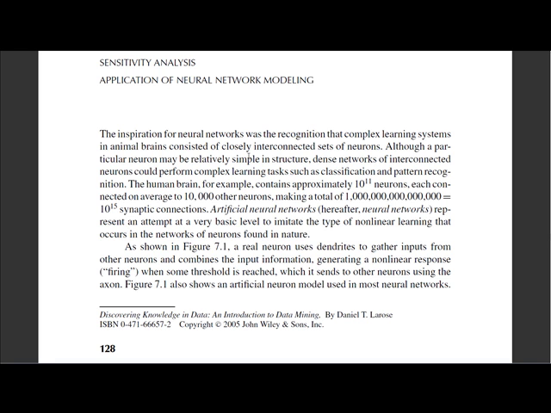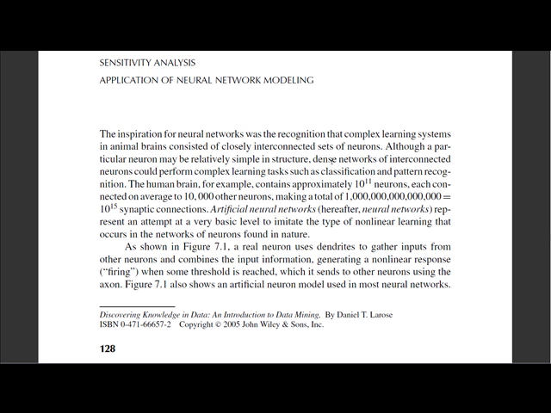Although a particular neuron may be relatively simple in structure, dense networks of interconnected neurons could perform complex learning tasks such as classification and pattern recognition. That's what humans can do, and animals. The human brain, for example, contains approximately 10 to the 11th neurons, each connected on average to 10,000 other neurons, making a total of that many synaptic connections.